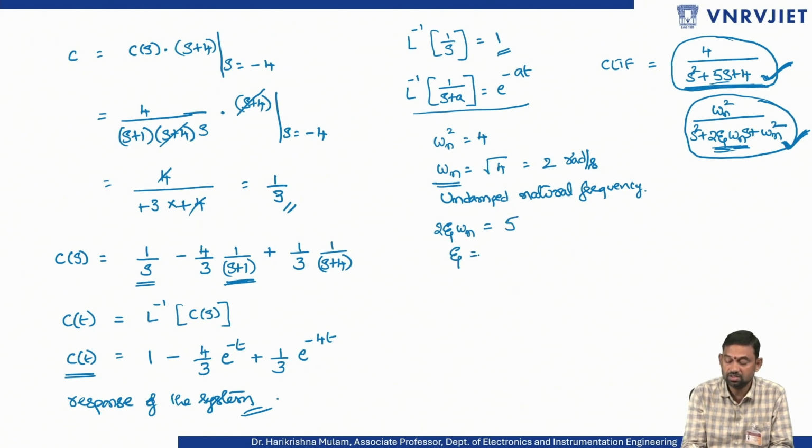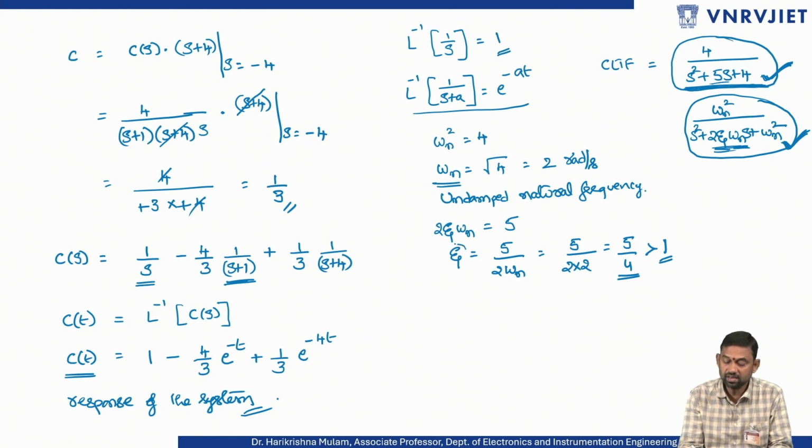Therefore, zeta is equal to 5 by 2 omega n, that is 5 by 2 into 2, that is 5 by 4, which is greater than 1. So, the damping ratio is greater than 1.